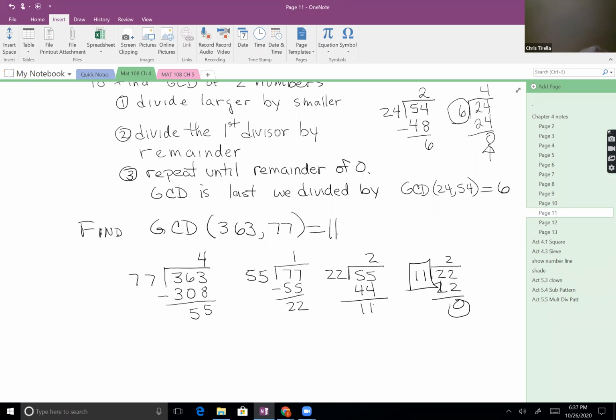Can everybody wrap their mind around the process that we did to get there? Great. If so, after we've conquered that greatest common divisor, can I turn the page or are we still working, folks?